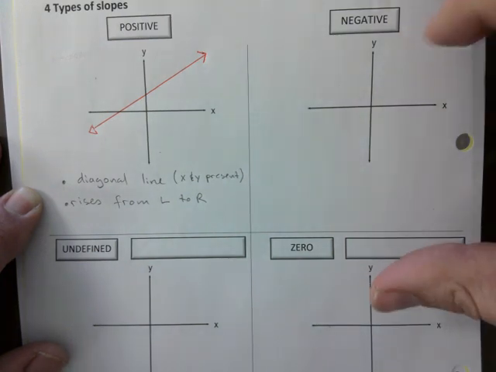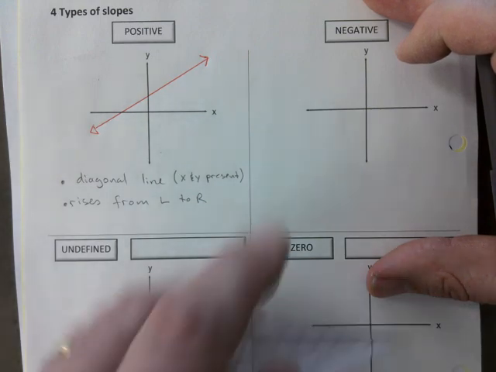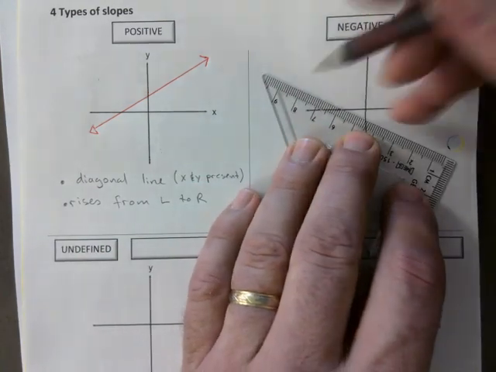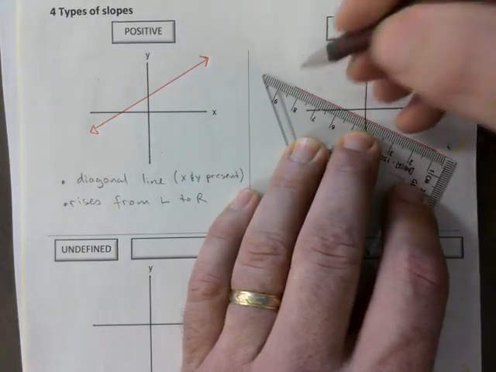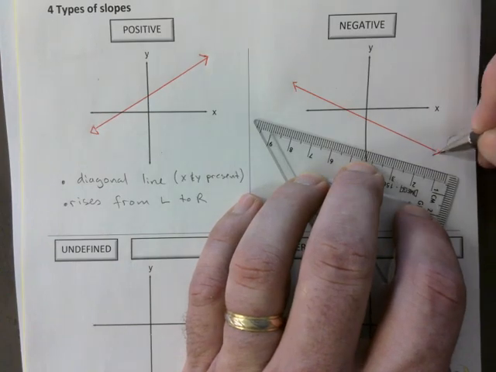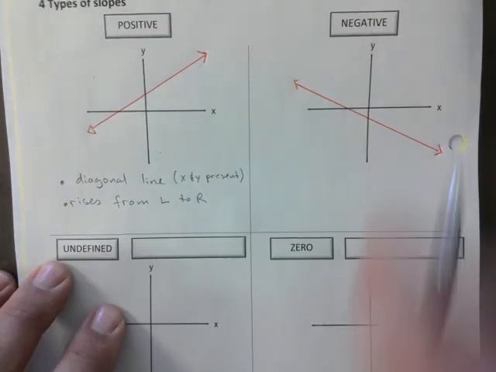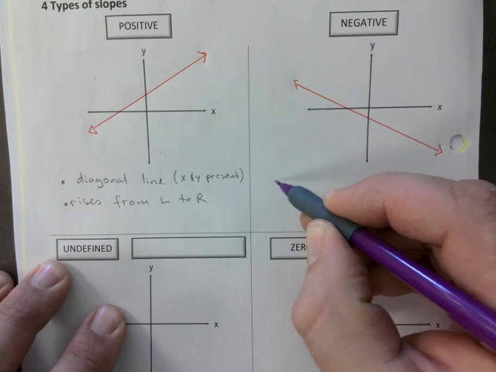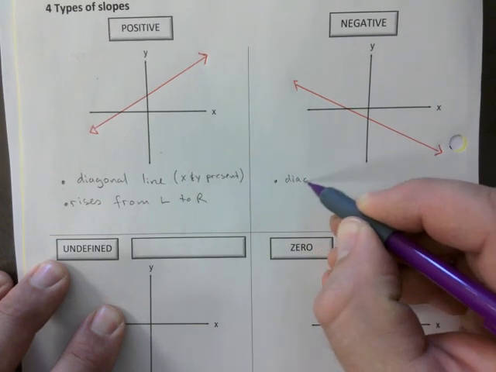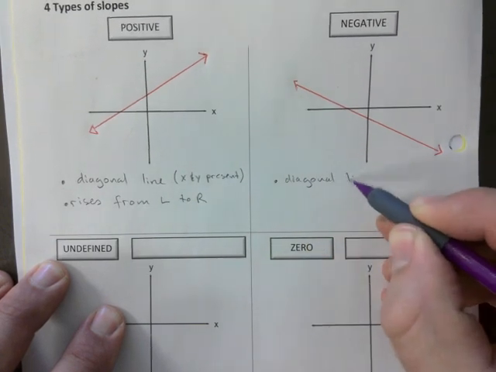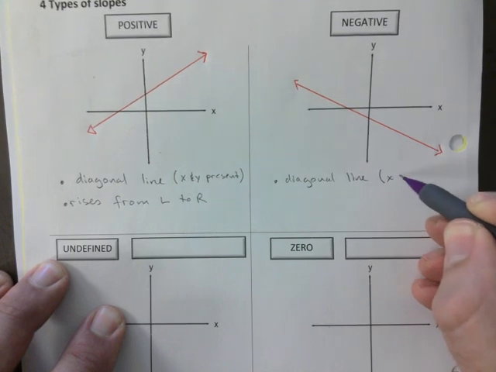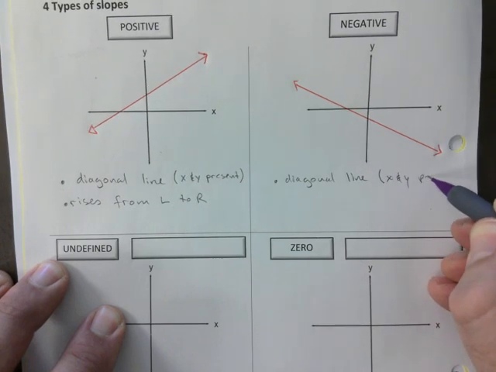Negative slope. Obviously your line drops. It's still a diagonal line. And how do we know that? X and Y are present.